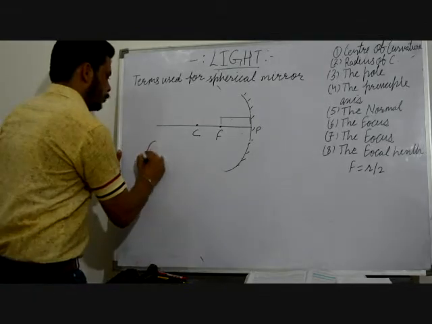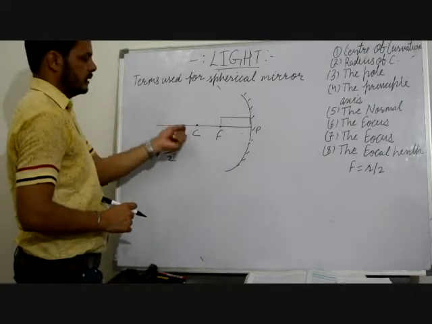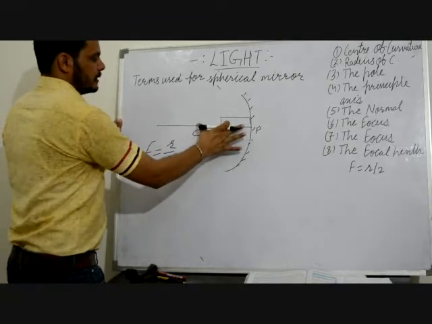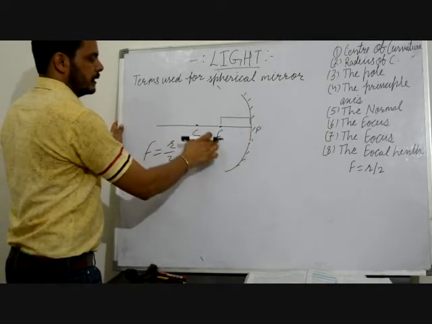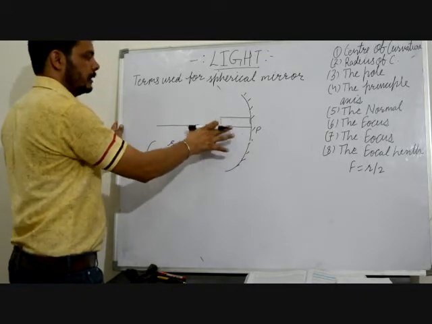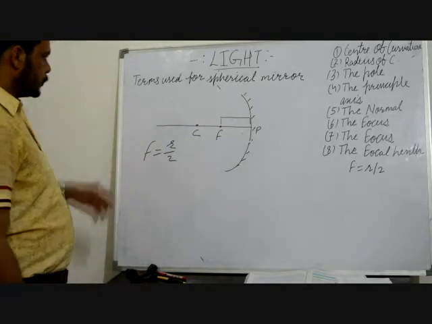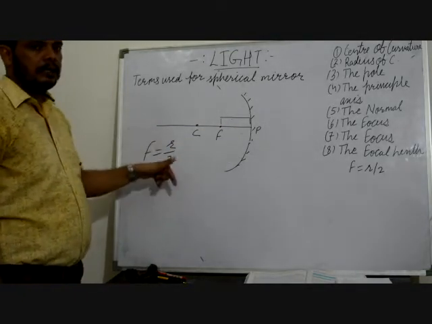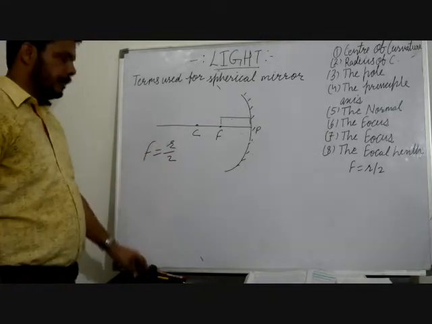The focal length is always half of the radius. If the distance from the pole to the center of curvature is 5 meters, the focal length will be 2.5 meters. So these are the terms that are used in spherical mirrors.